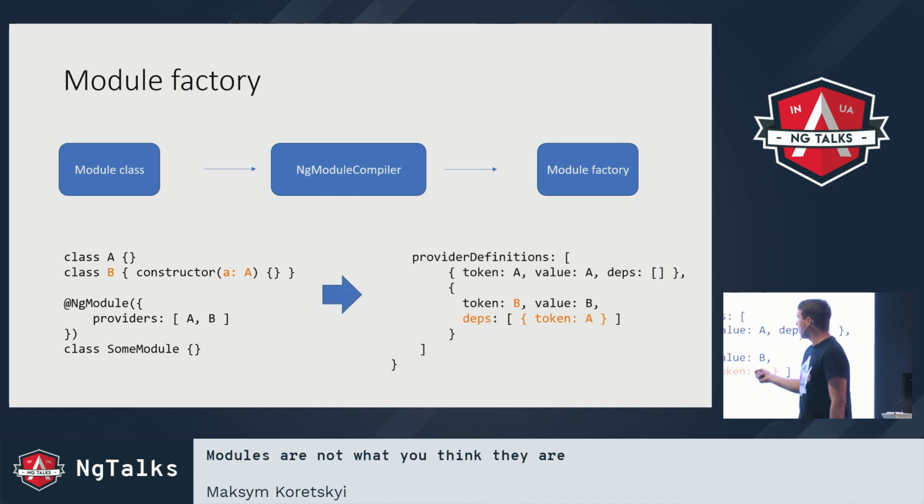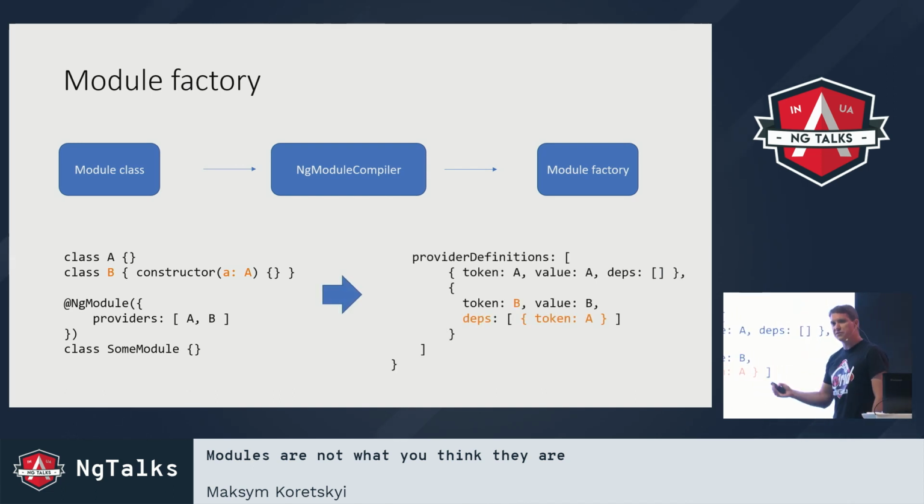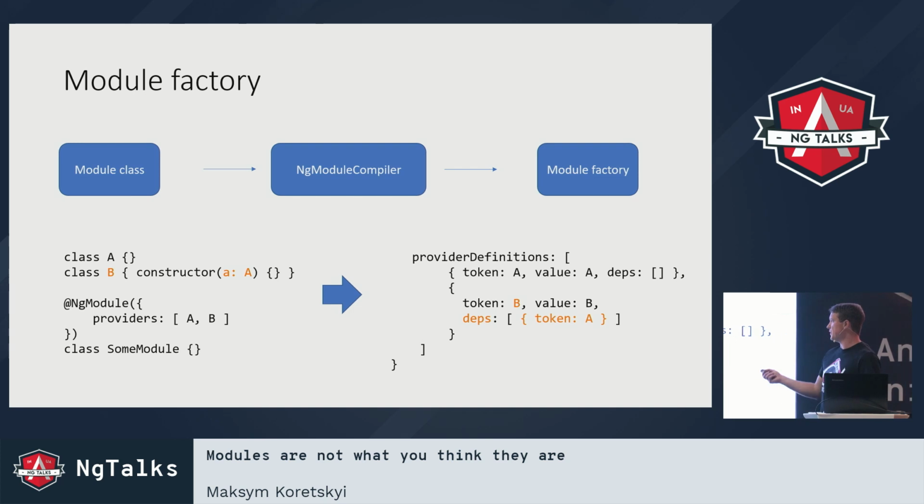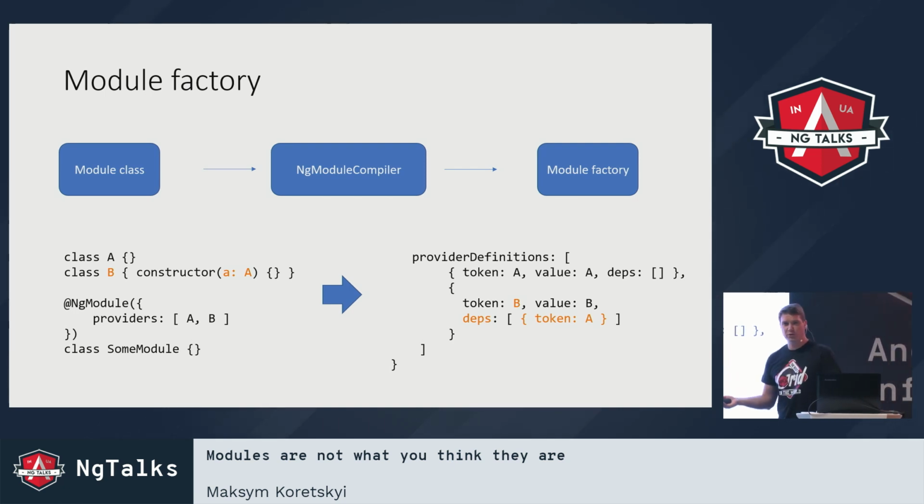If you check the module factory definition, you will see it there. There's this deps property, just dependencies, that specifies that if someone requests a provider using the B token, we need to first instantiate the provider that is referenced through the A token.